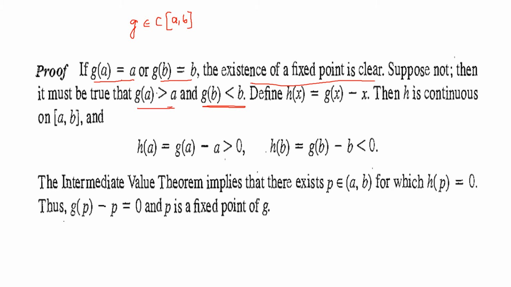In this case, we have to define a function h(x), which is equal to g(x) minus x, and we know that g(x) is continuous, x is continuous, therefore the difference will be continuous, so h(x) is continuous on the interval [a,b]. We observe that h(a) is greater than 0 from this relation. And similarly, h(b) is less than 0.